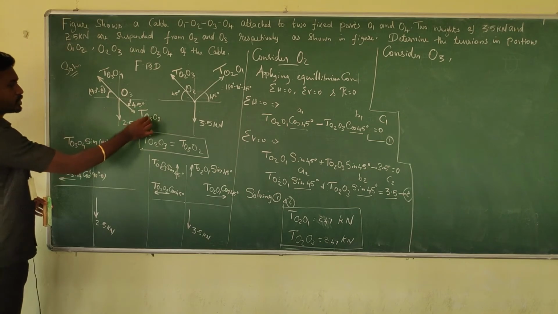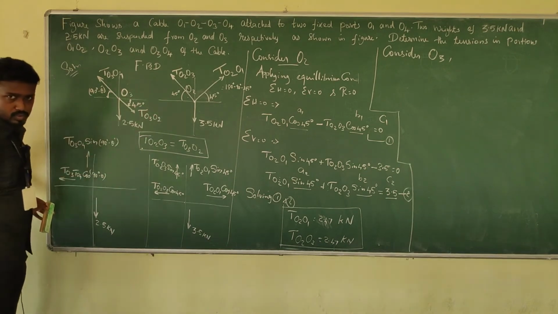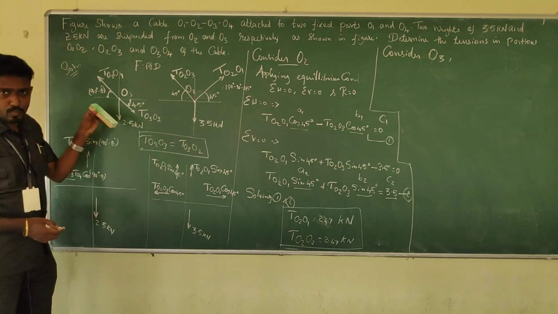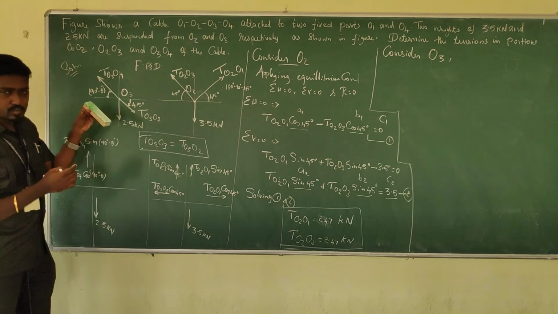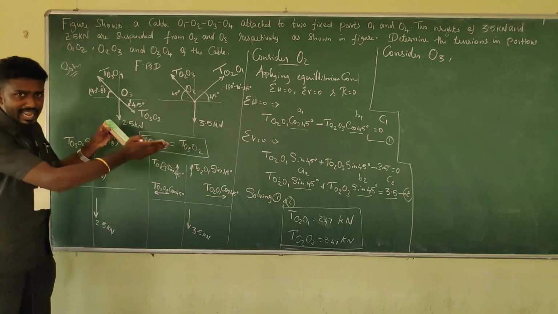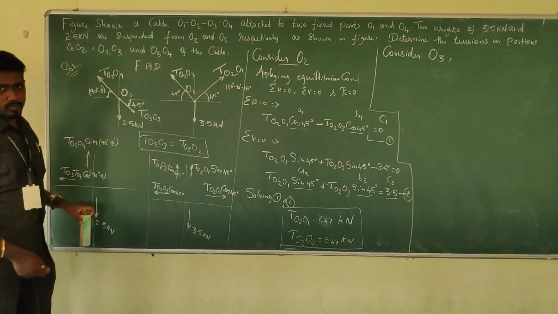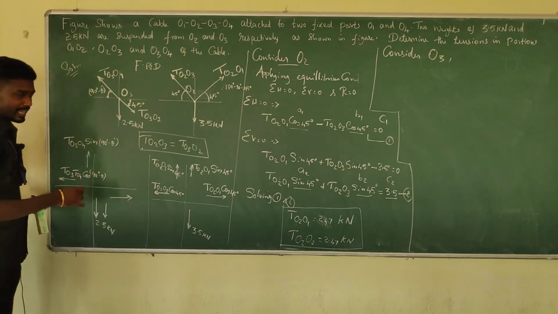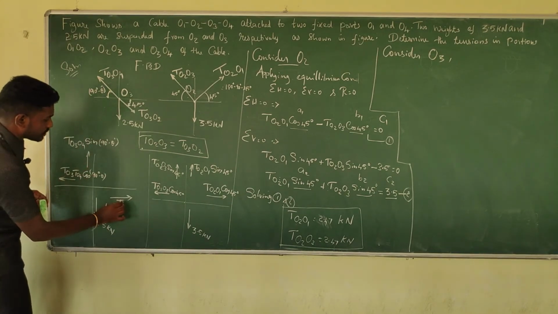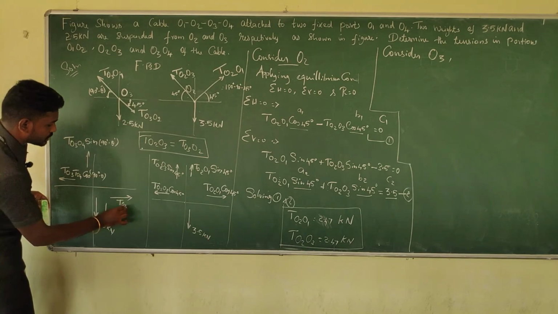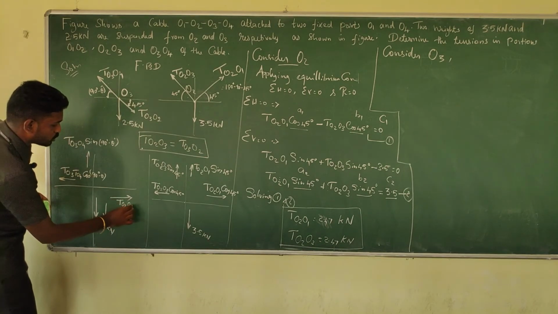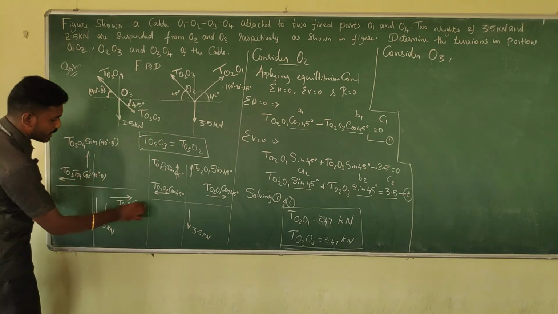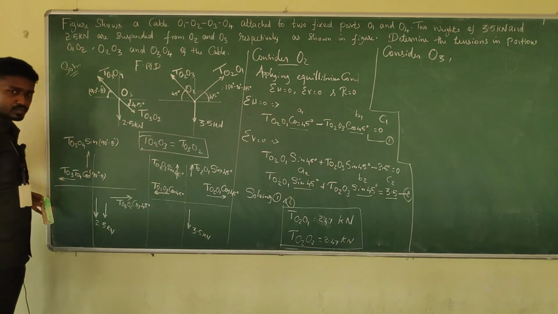And what about this one? The O3O2 force is a tension force, the inclined one, which is moving horizontally right and vertically down. This is how the direction of force is. Now identify the magnitude of force TO3O2. The horizontal component is cos of the 45 degree angle, so cos 45 degree.